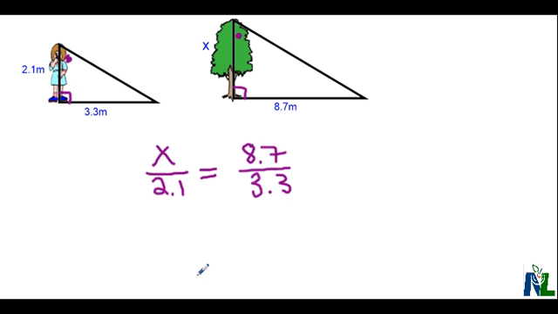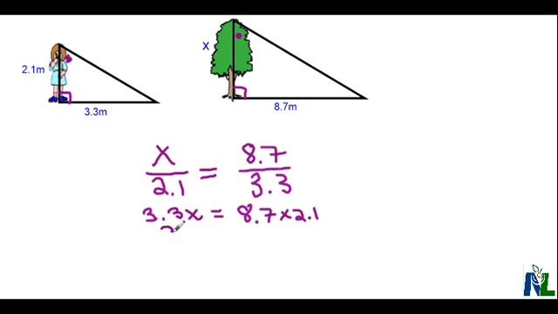Then I'm going to go ahead and cross multiply. So I'm going to do X times 3.3. We'll just do 3.3X. And we're going to do 8.7 times 2.1.